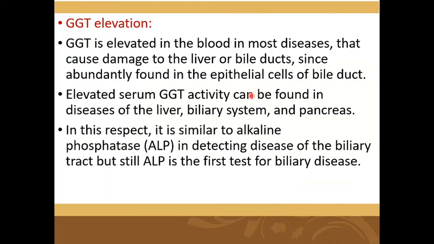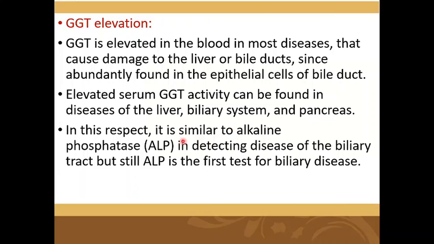Gamma GT elevation. Gamma GT is elevated in the blood in most diseases that cause damage to the liver or the bile duct, since it is very much found in the epithelial cells of the bile duct. So, gamma GT is raised in diseases of the liver, biliary system and pancreas.